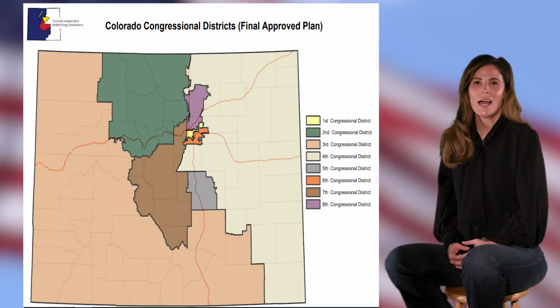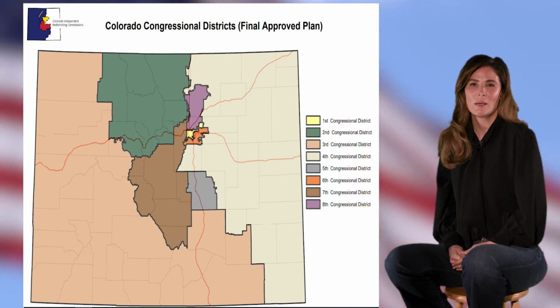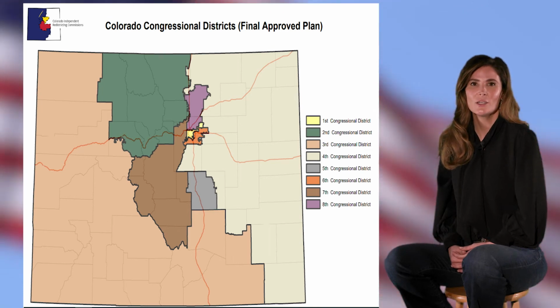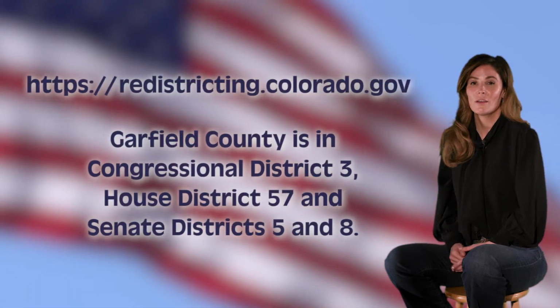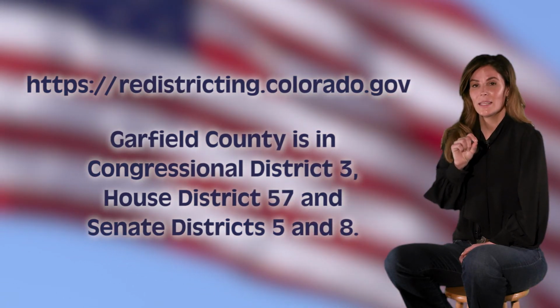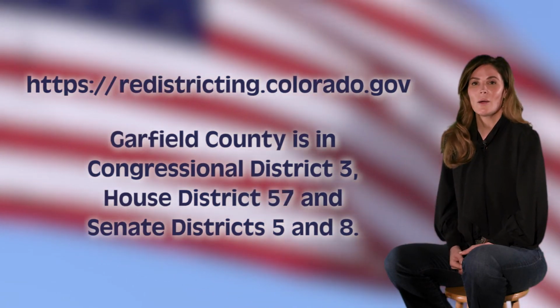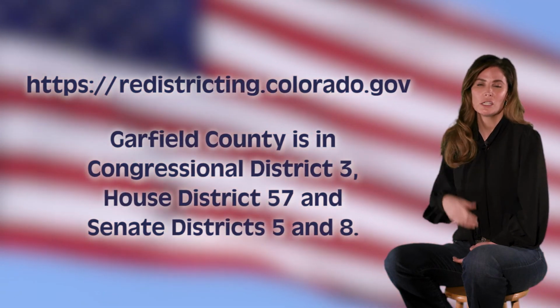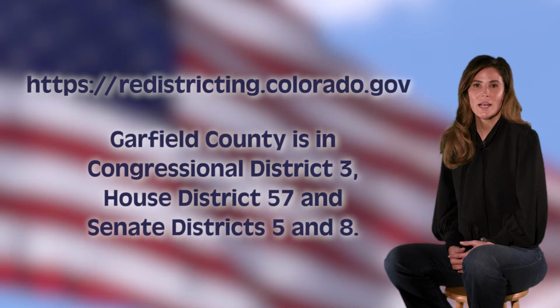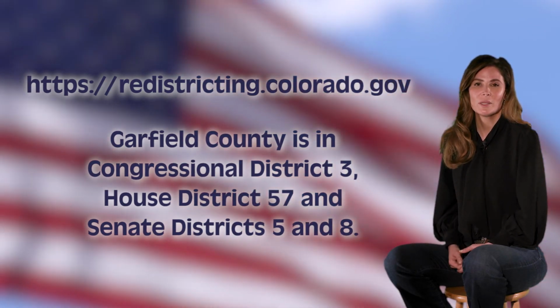The goal is to have less than 2,000 people in a precinct. So those maps have just been finalized, and you can find your precinct location if you do an internet search for your county and then precinct maps. That will usually populate a GIS system where you can put in your address. Once you put your address in there, your precinct number will populate.